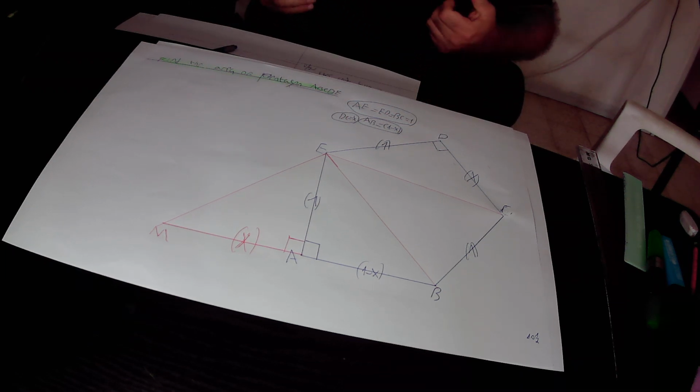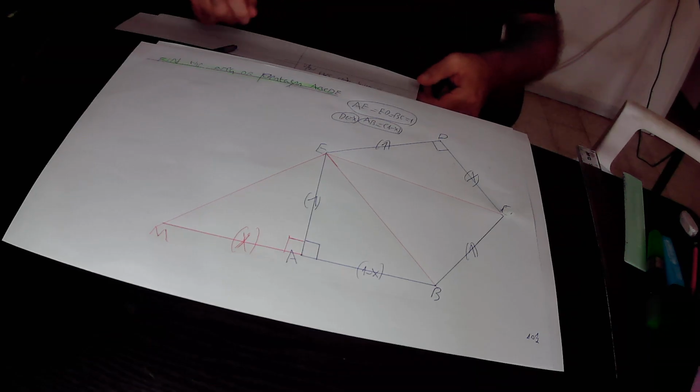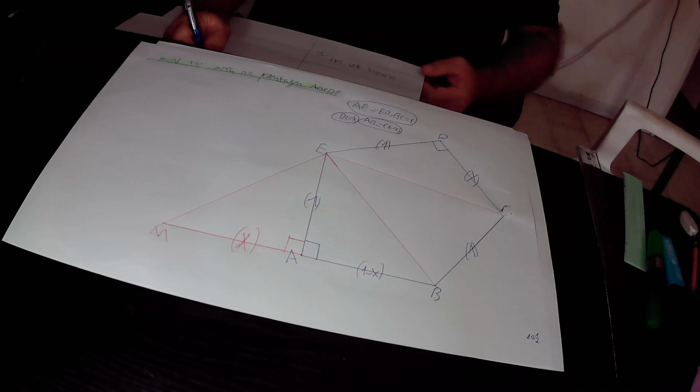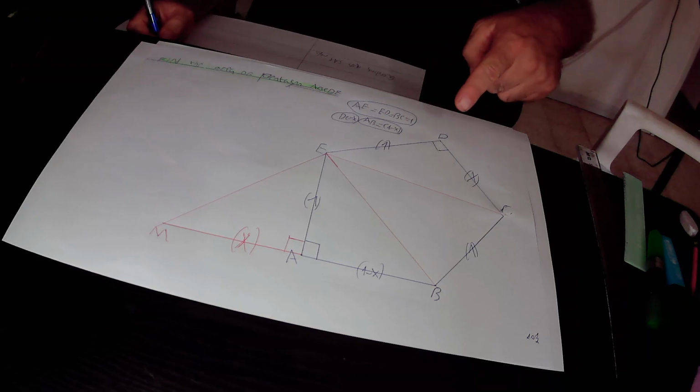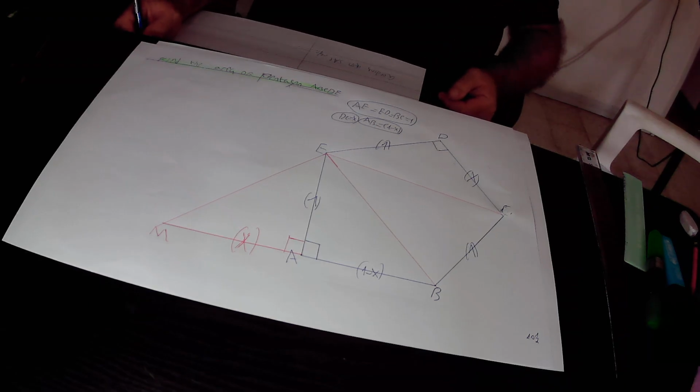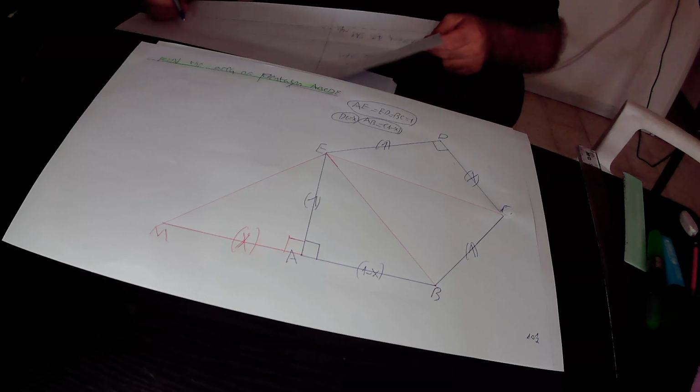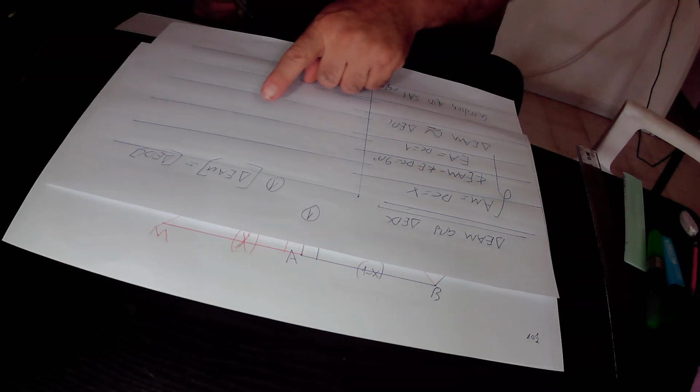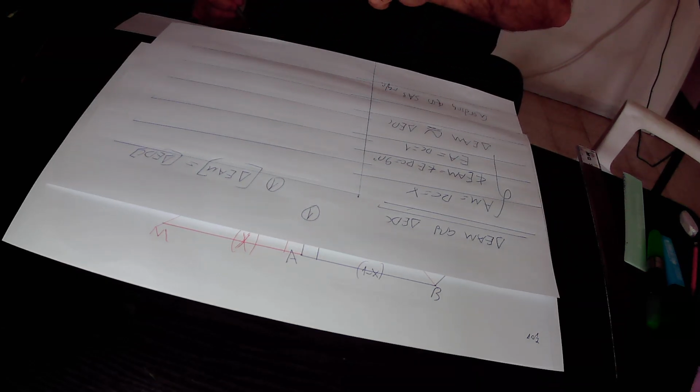Of course, any two triangles that can go into each other must have also the same areas. So, the area of the right triangle EAM is equal to the area of this right triangle EDC.